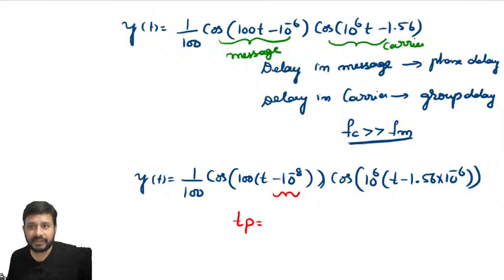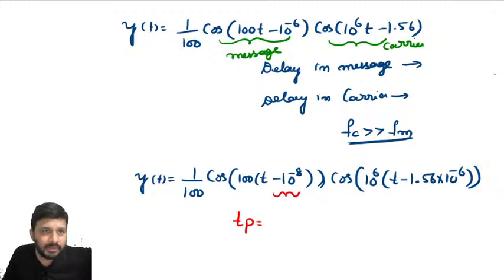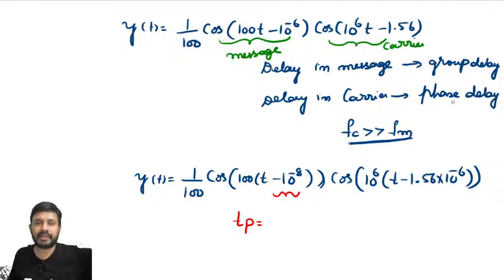Sorry, I think I have written wrong here. Delay in the message is group delay. Delay in the carrier is phase delay.